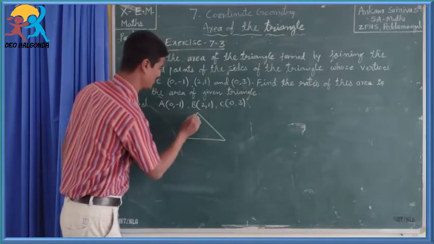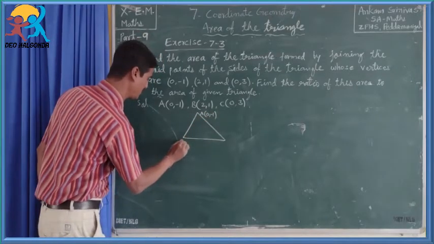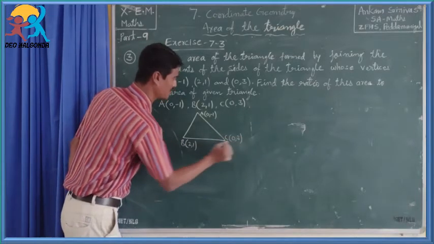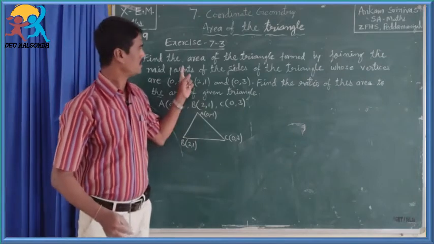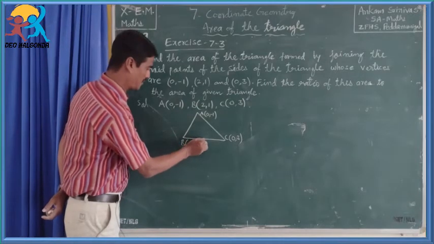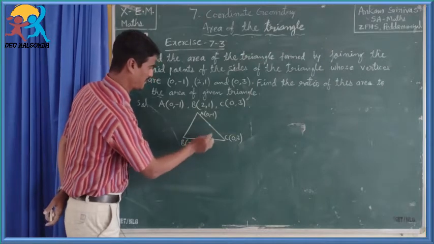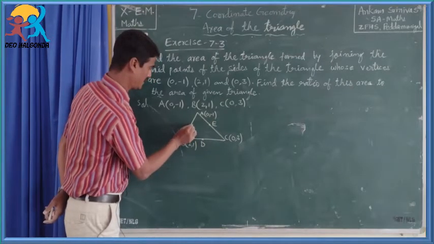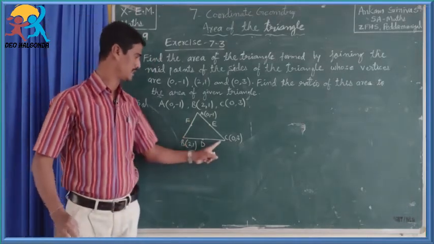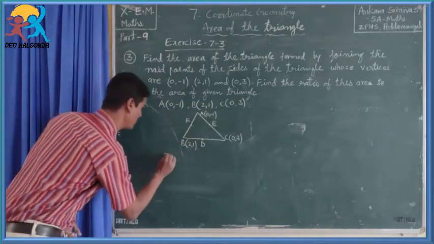Now first we have to find the midpoints of the sides of the triangle. Let us suppose the midpoint of BC is D, the midpoint of AC is E, and this is F. So we are going to find the midpoints of BC, AC and AB. What is the midpoint formula? We know the midpoint formula.